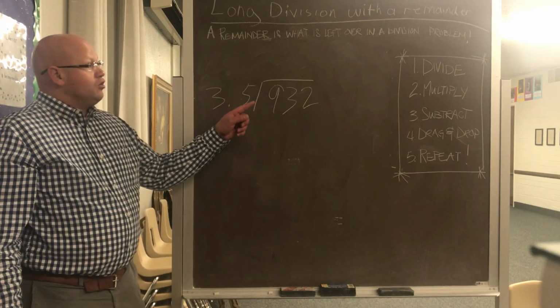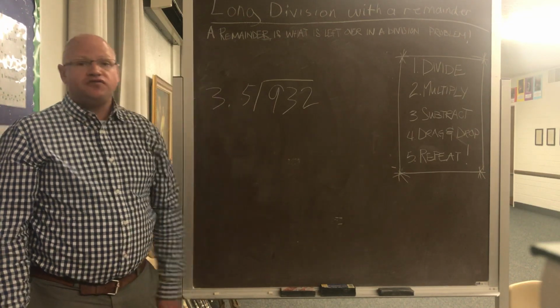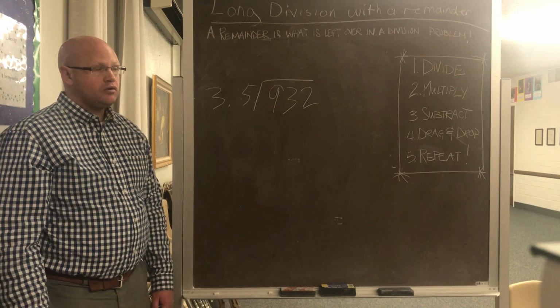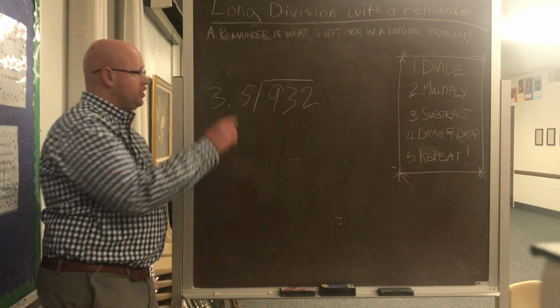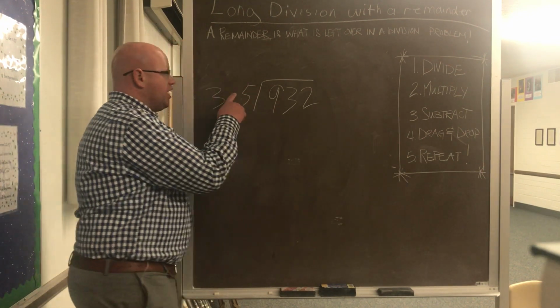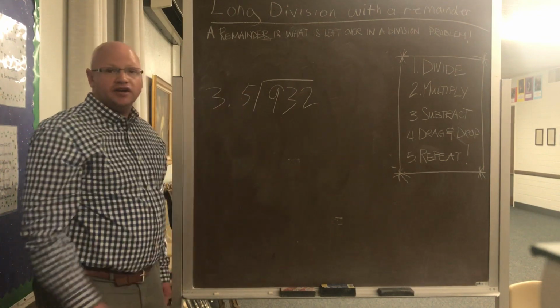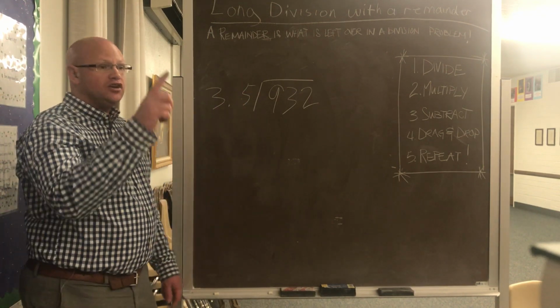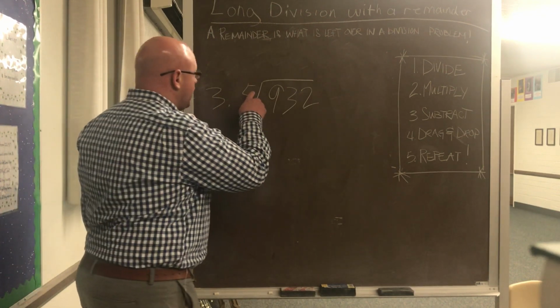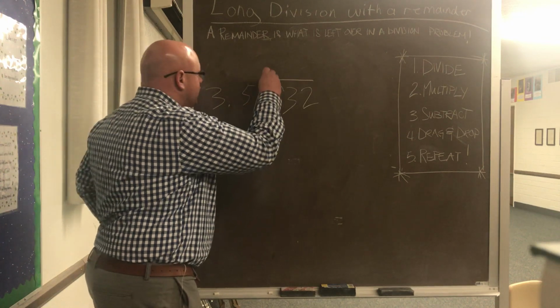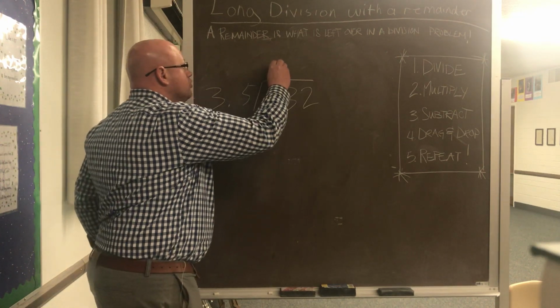So, what is the first step? Divide. So we divide. So 5. Can 5 go into 9? Yes, 5 can go into 9. So 5 divided into 9 is 1.